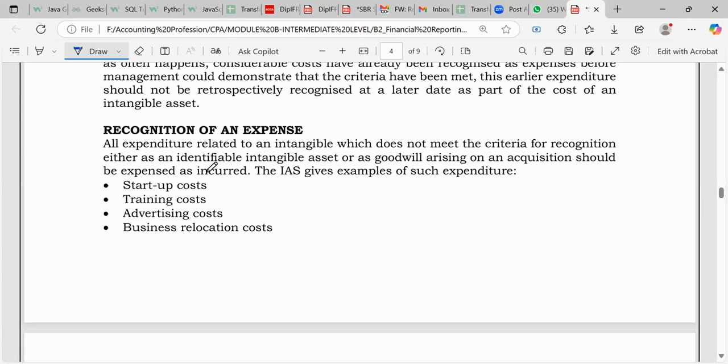For example, let's say you are speaking of startup costs. They have nothing to do with that asset. Let's say it's a training cost. We spoke about this at the very beginning: you have trained an employee and you are saying that those costs are your intangible asset. No. Training an employee doesn't mean that they would not leave. If they need to leave, they could leave, so you won't have any control over those costs. Let's say you have advertising costs.